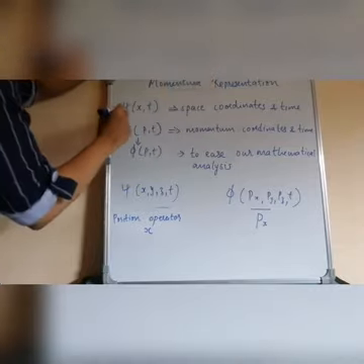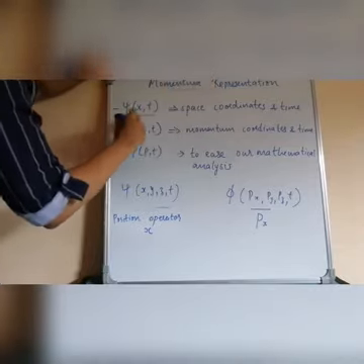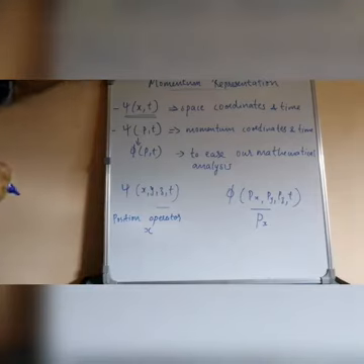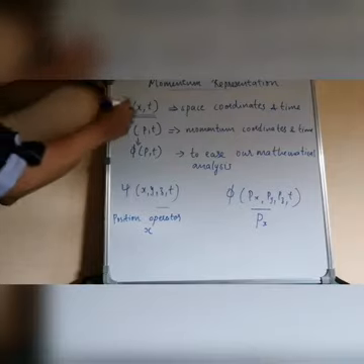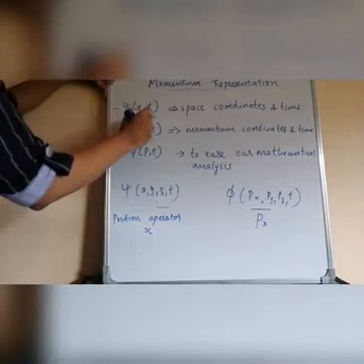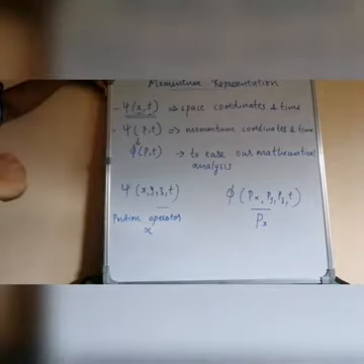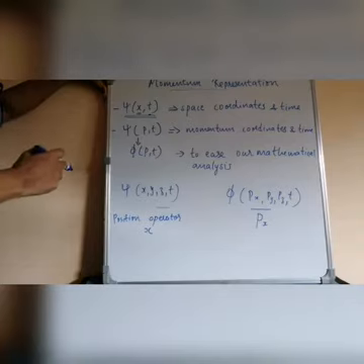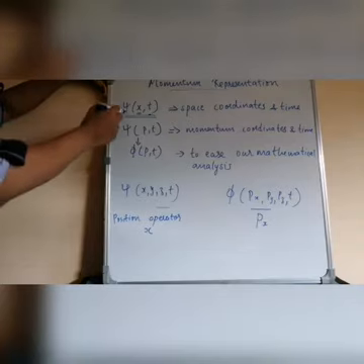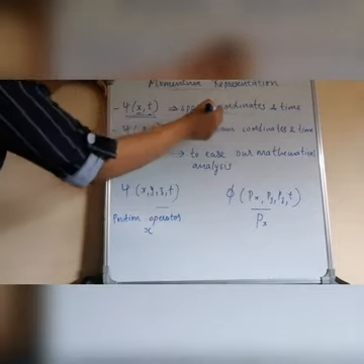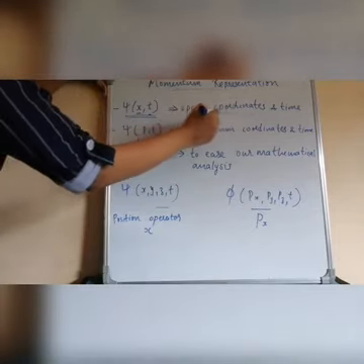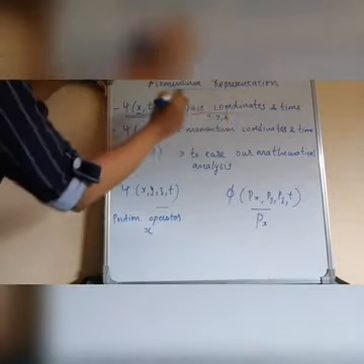Okay, so we have been analyzing various quantum mechanical systems using our wave function in terms of x and t. What does it mean? We are using a wave function which is a function of space coordinates, that is x, y, z.